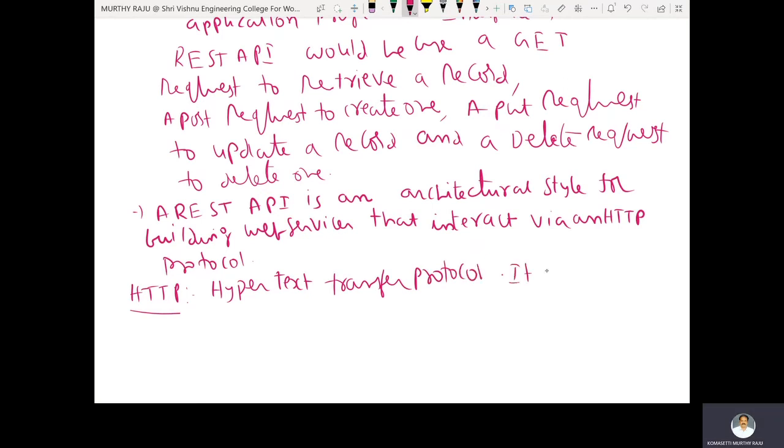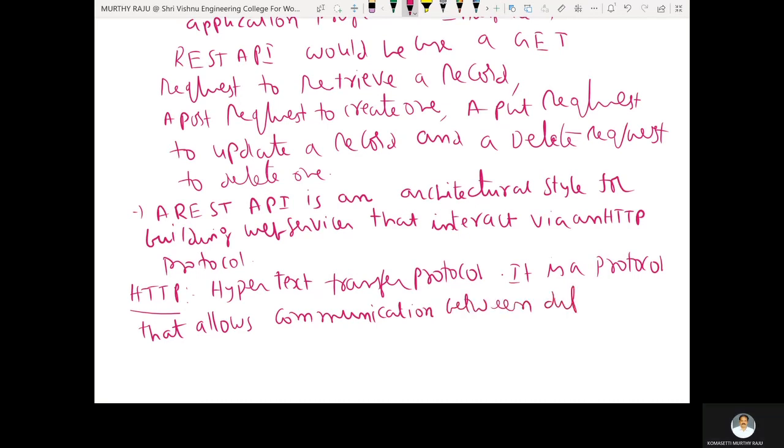It is a protocol that allows communication between different systems.